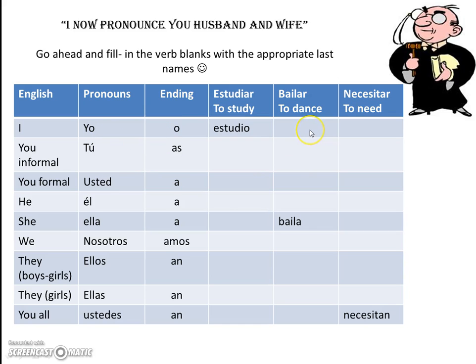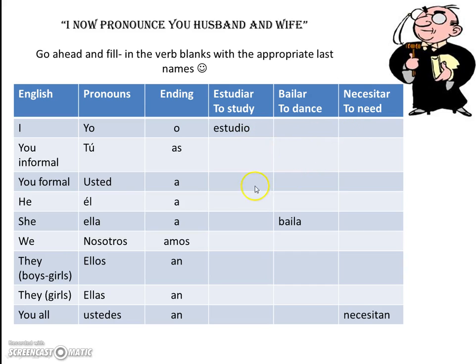Now, what I want you to do is fill in the blank spaces, making sure you put in the last name for the correct verb. So in this case, estudi, and then o, because my pronoun was yo, so this is my last ending, estudio.